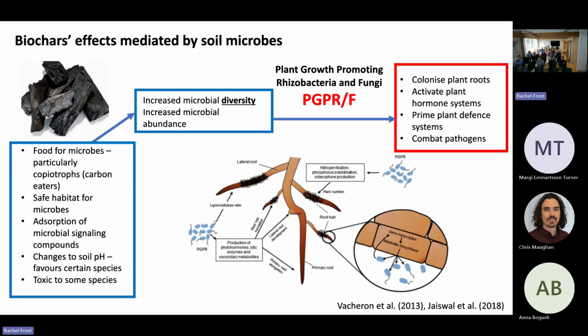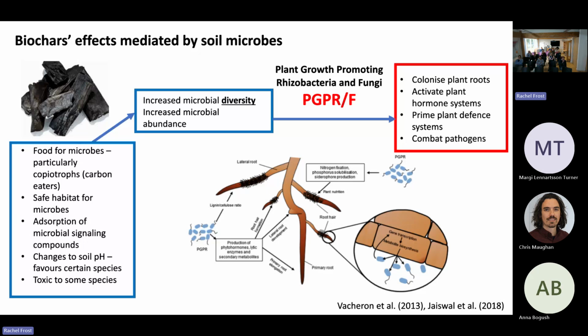And all of this is likely to change the diversity and abundance of microbes, and in particular, the plant growth promoting rhizobacteria and fungi, PGPR and F. And these are microbes within the soil that colonize the plant roots and interact with the plant.